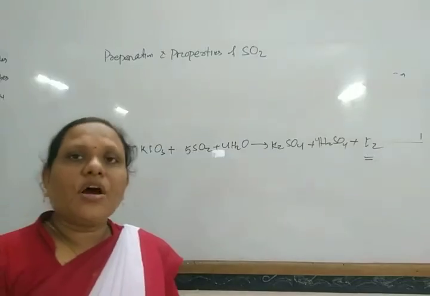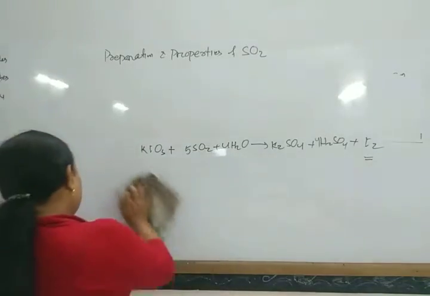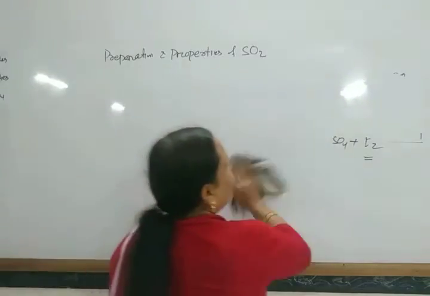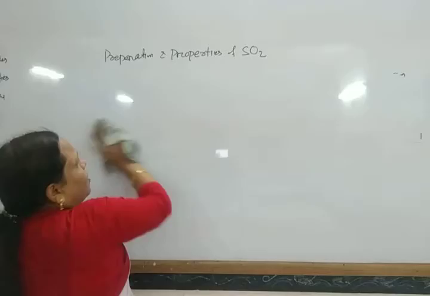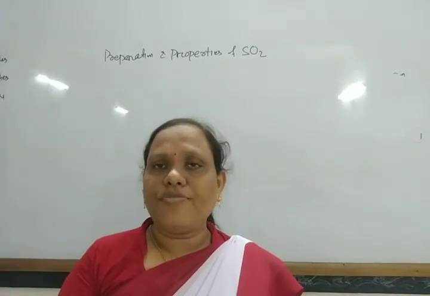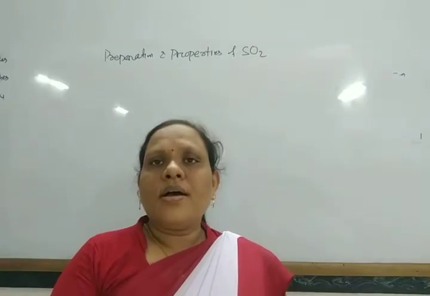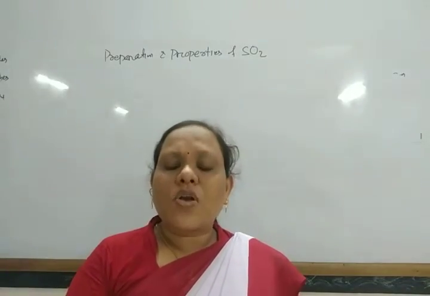If there is some strong reducing agent present, then it can act as an oxidizing agent. So when sulfur dioxide is treated with hydrogen sulfide, it forms sulfur. The sulfur gets precipitated as a colloidal solution.